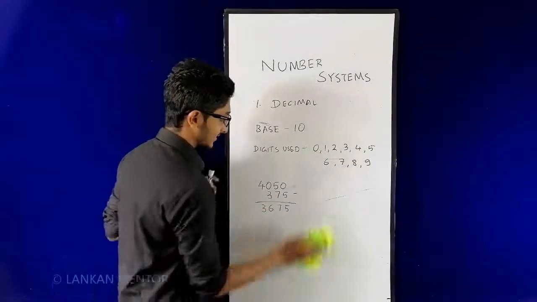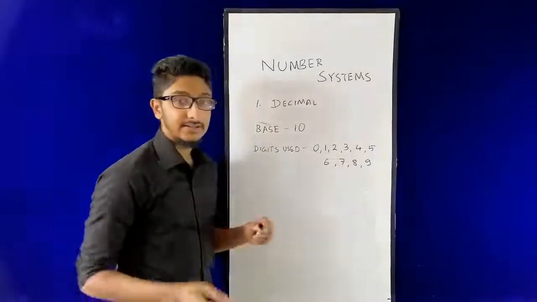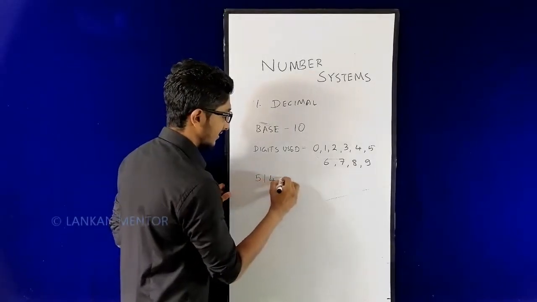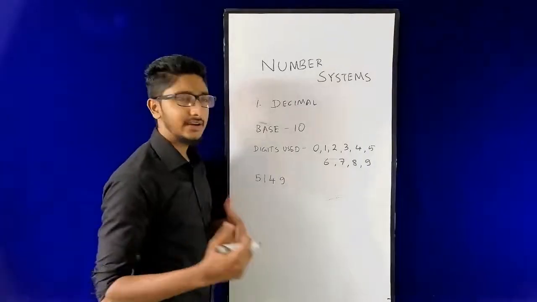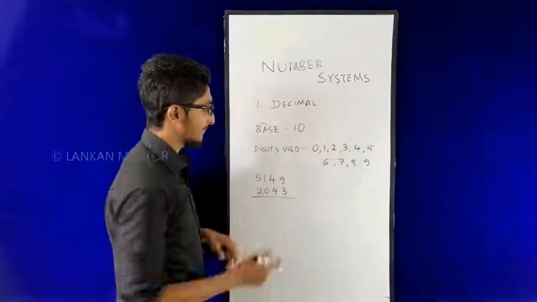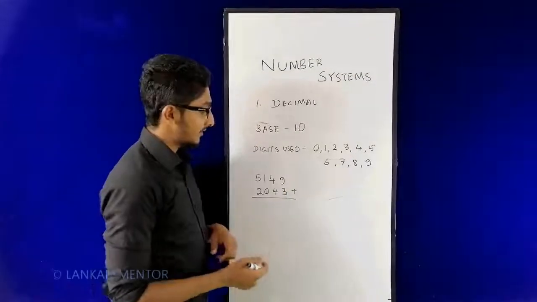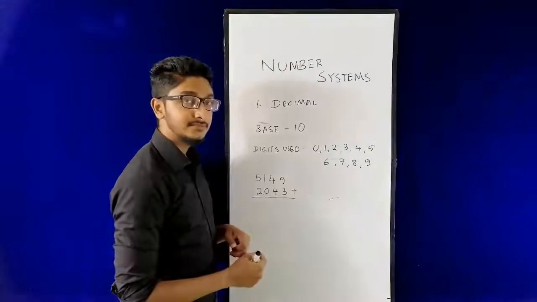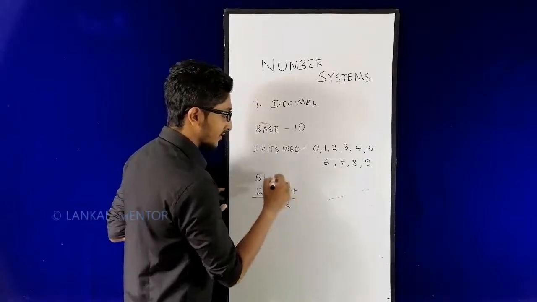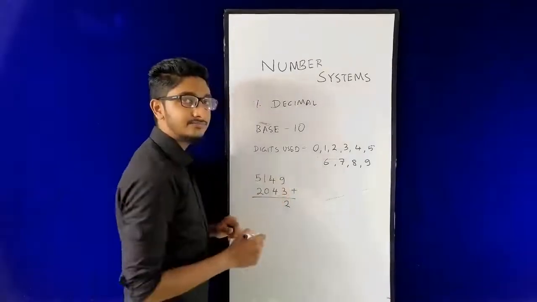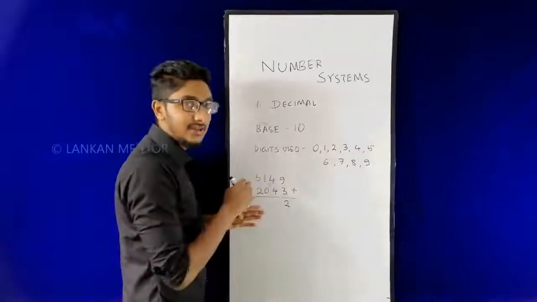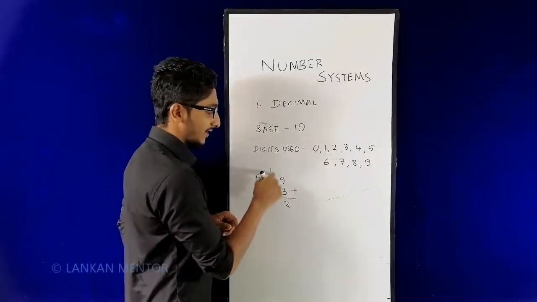Now I'll do an addition for you. Let's say I'm adding 5149 and 2043. 9 plus 3 is 12. So you write 2 and carry 1 over here. What is that 1? It is 10. When 10 fills up, you put it on the other side.